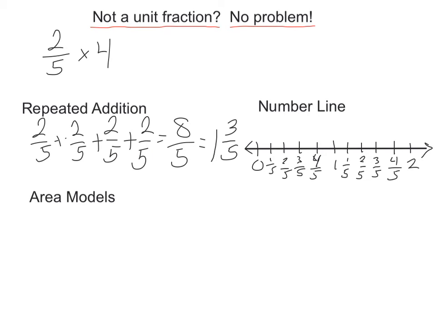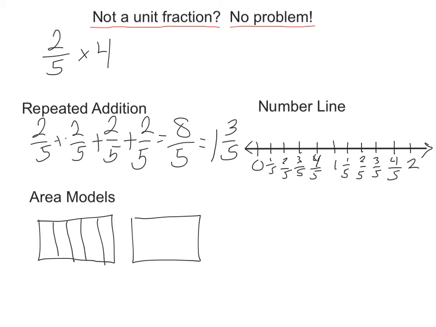So if I did this with an area model, I would need to draw out 1, split it into fifths, and let me go ahead and make another one. All right, so next I need to shade 2/5 4 times.